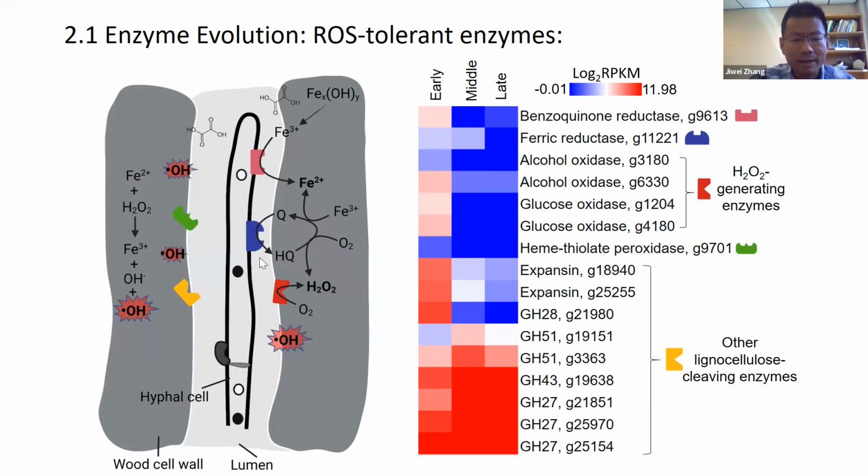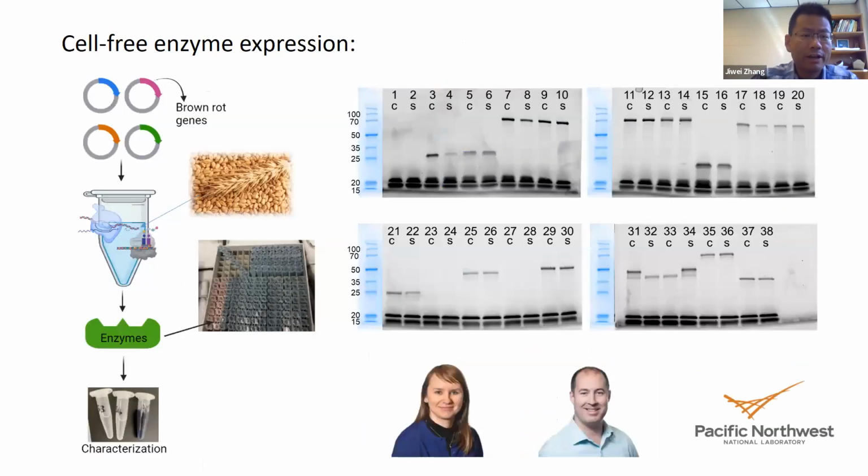We chose some of the enzymes that fit into our ROS-producing model, and they are early upregulated enzymes. This includes some ROS-generating enzymes and some glycoside hydrolases that are produced at the same time as ROS. So we use a cell-free system.